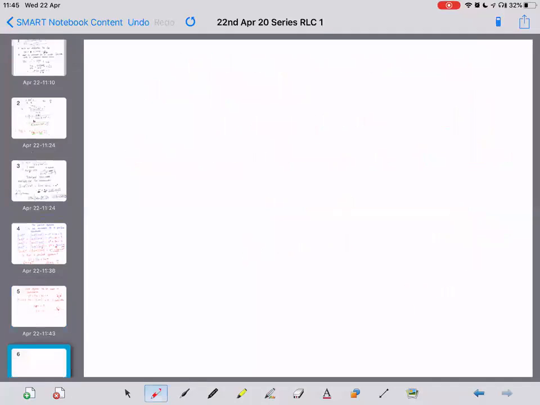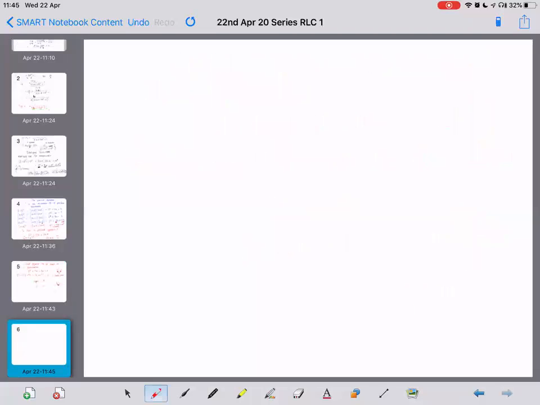Can we solve this one? s squared plus 12s plus 36 equals 9. Have you got to make that equal to 0 first? Not necessarily. If you subtract 9 from this 36, you won't be able to make it a perfect square.